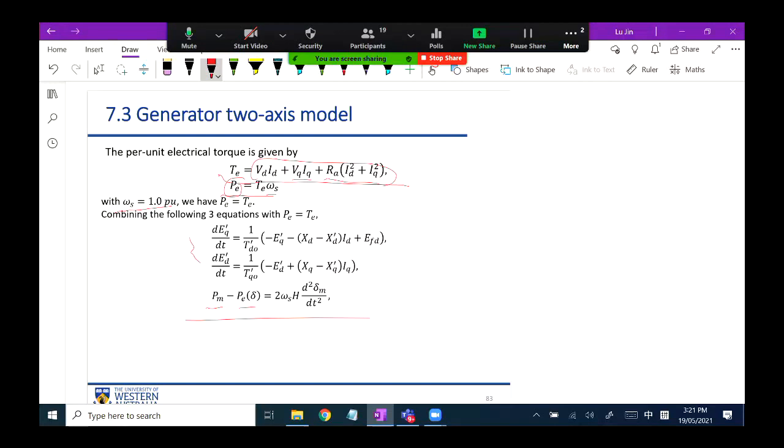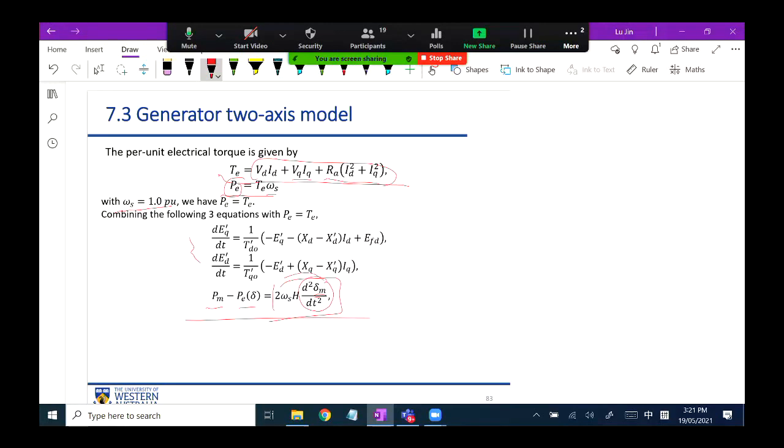But here you can see, if PM minus PE is positive, what does that mean? That means the right-hand side will be positive. On the right-hand side, omega s is the rotation speed, and there is the double derivative of omega m. Omega m is actually the angle of the rotor.